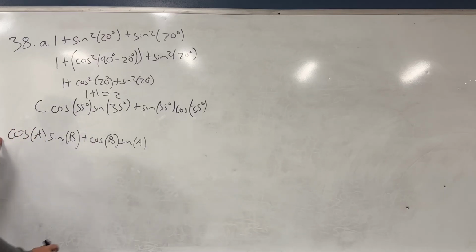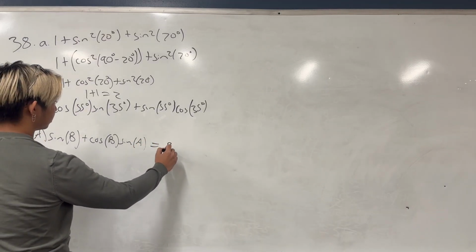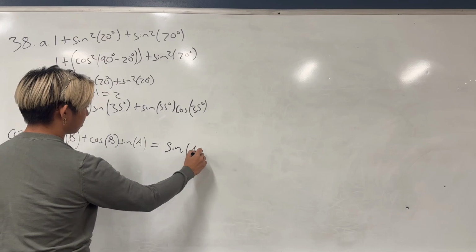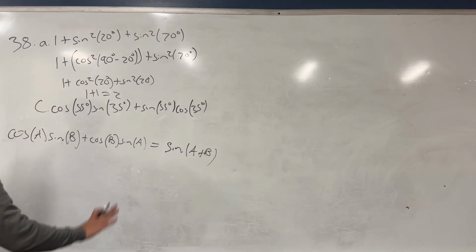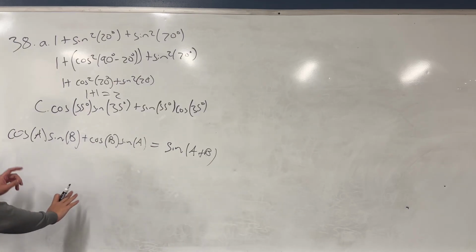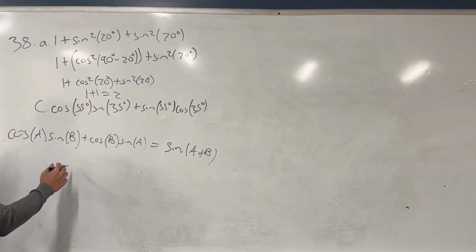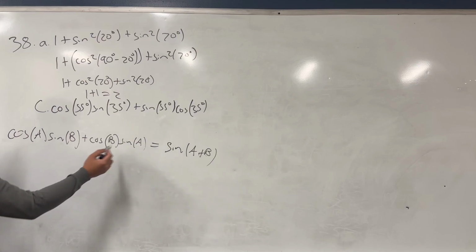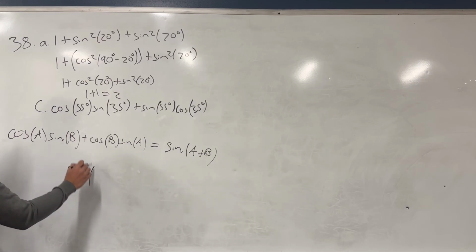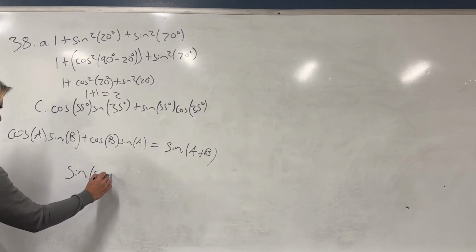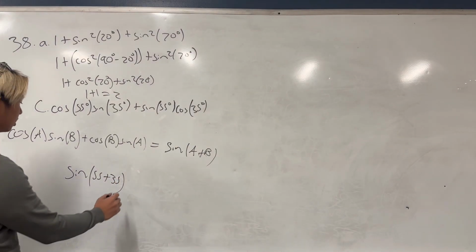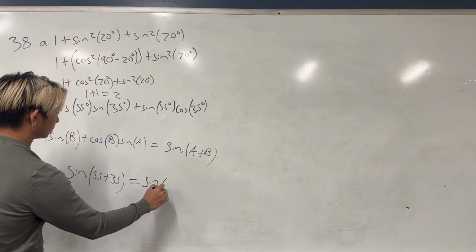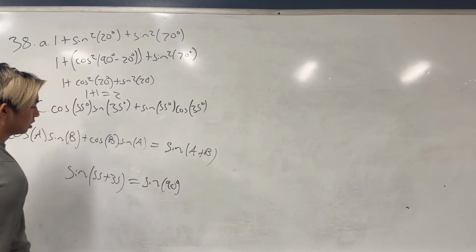This is equal to sine of A plus B. I'm pretty sure, I don't remember the cosine ones, but I'm pretty sure this is sine of A plus B. So alpha plus beta, sine of 55 plus 35. 55 plus 35 is 90, so sine of 90.